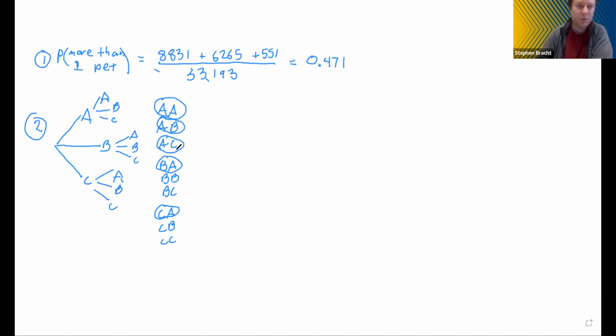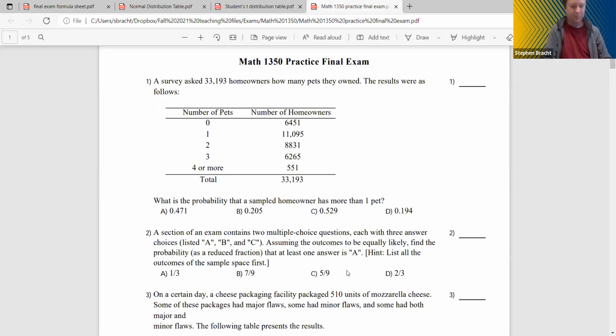So I have 1, 2, 3, 4, 5 outcomes that have at least 1 A. So we've got at least 1 A, 5 outcomes that have at least 1 A, and there are 9 outcomes total. And that fraction is already reduced. So that's the answer. Okay. Or C. All right.